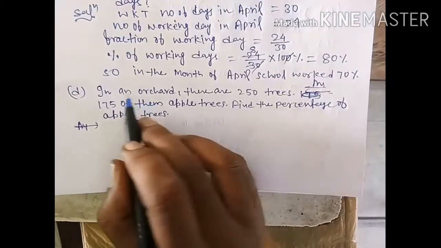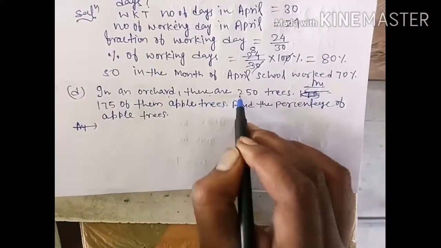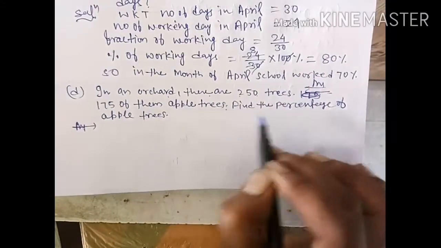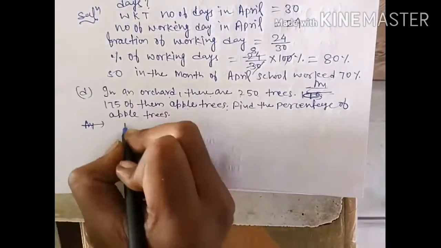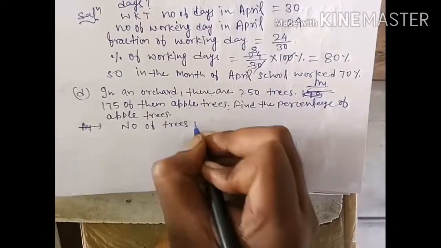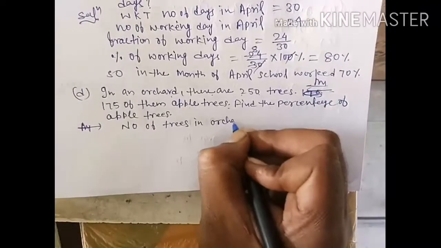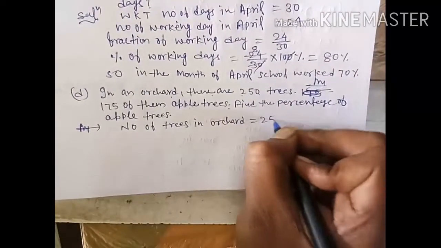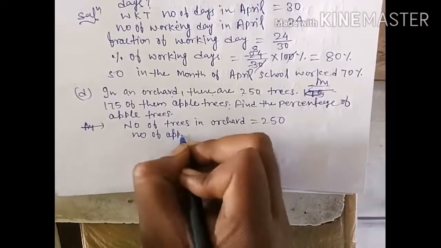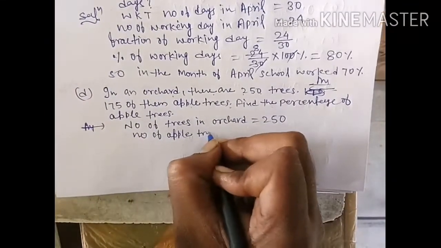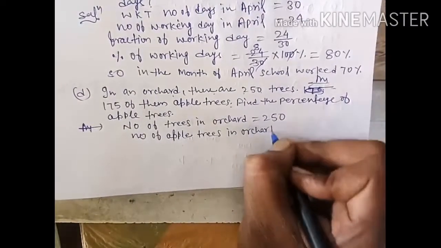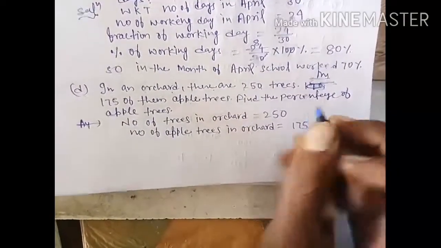Here the question is, in an orchard there are 250 trees, 175 of them are apple trees. Find the percentage of apple trees. We write the number of trees in the orchard is equal to 250. Number of apple trees in the orchard is equal to 175.